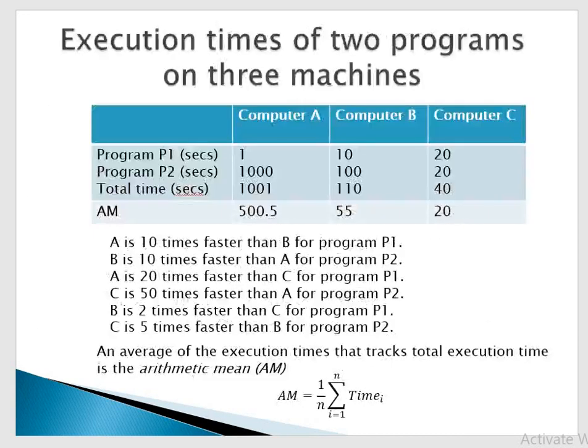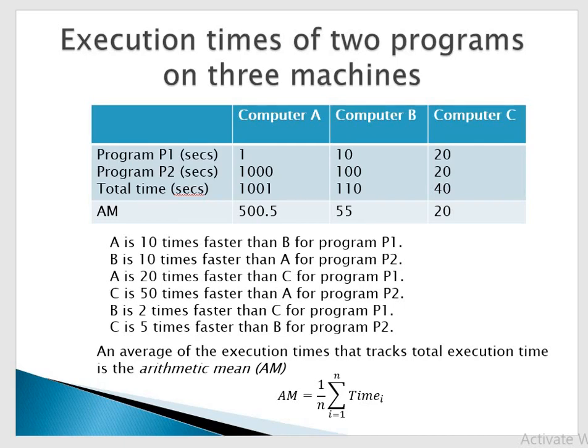Okay, so now we will try to understand the execution time of two different programs on three different machines or computers. We will consider one example. Let's suppose we have three different computers: computer A, computer B, and computer C. On each computer we will run two programs, program P1 and program P2.